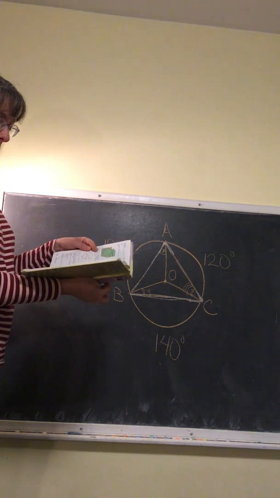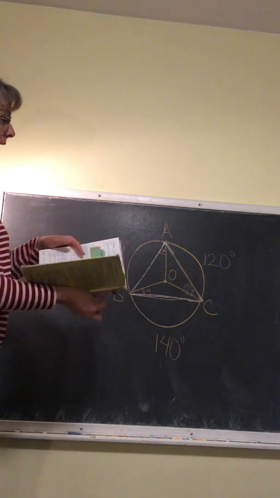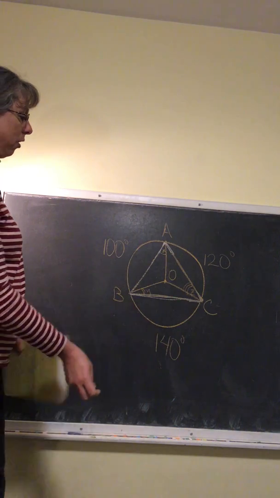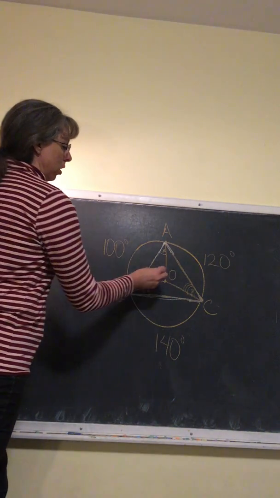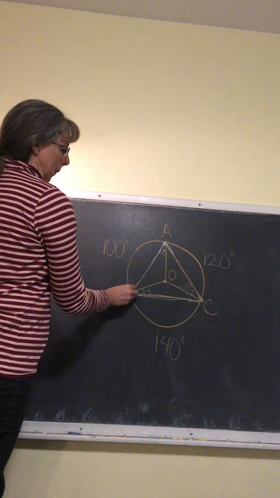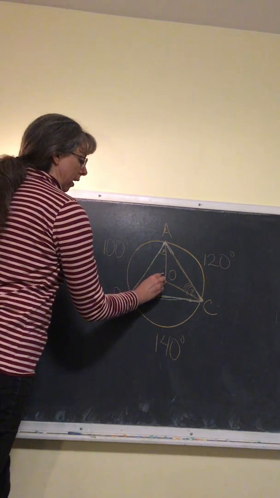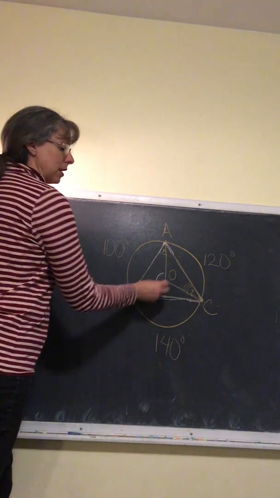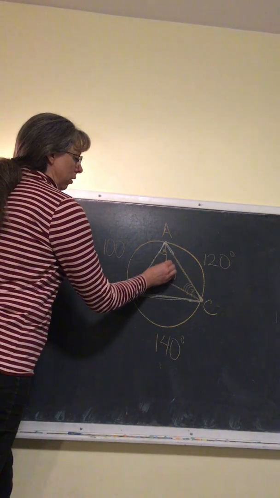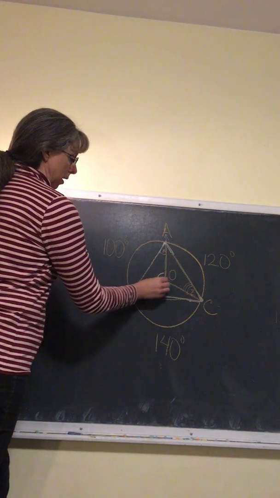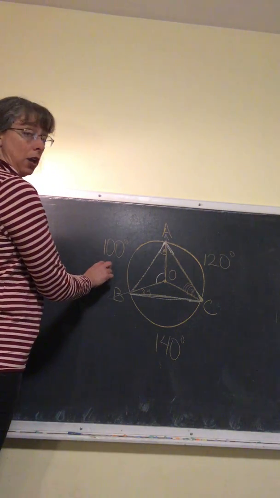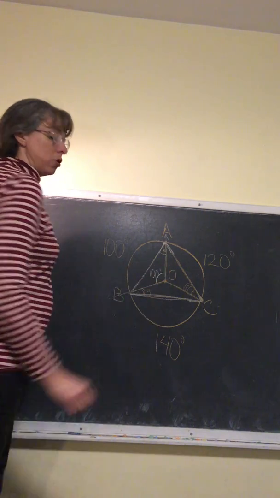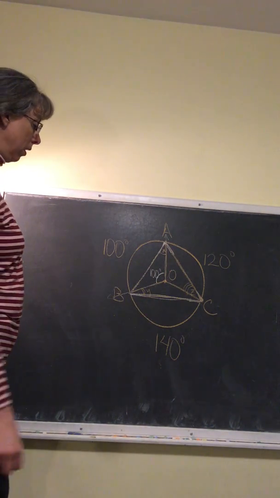All right, number 29. Find the measure of angle AOB, of angle BOC, and of angle COA. So AOB, how big is that angle there? Well, that angle is a central angle. It intercepts arc AB, and arc AB is 100 degrees. Therefore, this angle here is also 100 degrees.